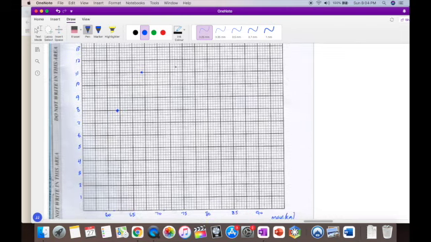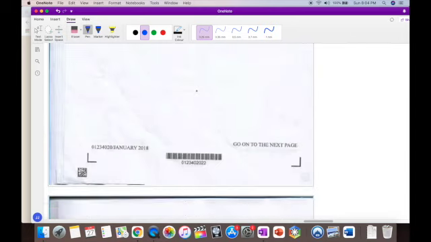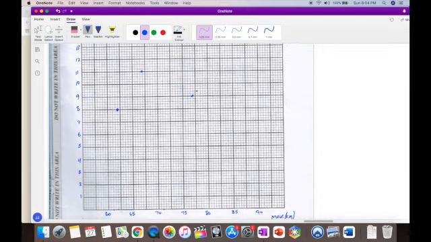So 75, 76, 77 goes to about 9, which is here. 82 goes to 5 and 87 goes to 2. So 82, 1, 2 goes to 5, and 85, 86, 87 goes to 2.